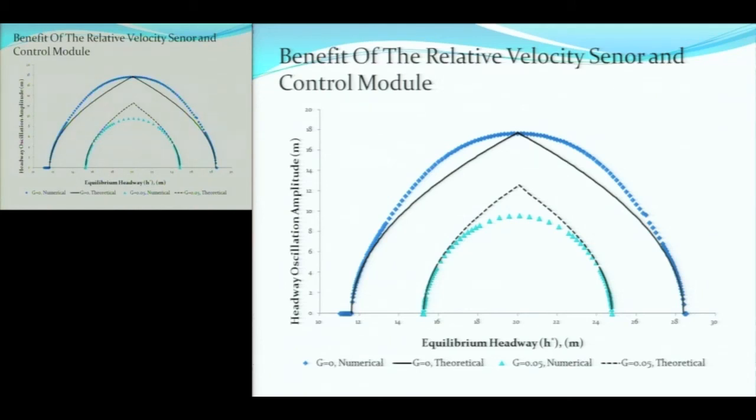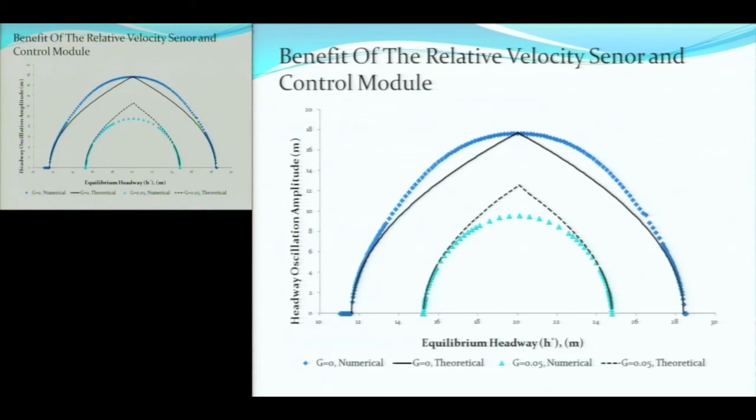So as you can see, not only does this relative velocity sensor, which is responsible for that parameter g, make the linear stability better, which we can see by seeing that the range of the stable equilibrium is increased with the addition of g. There is a much smaller region where oscillations occur with the addition of the parameter g.